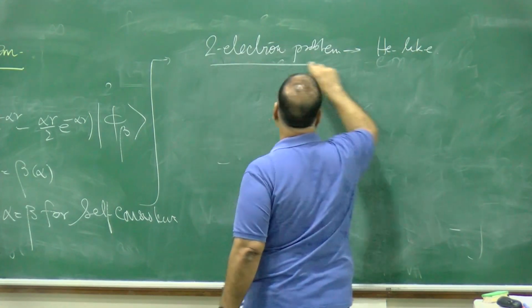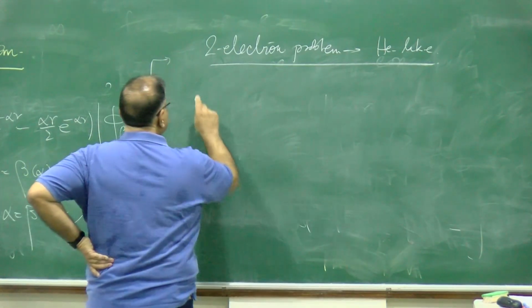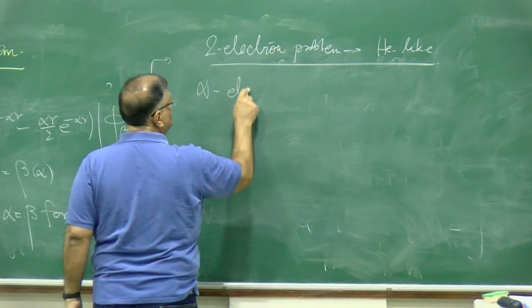That's the simplest 2-electron problem, and the simplest many-body problem. The other extreme is the infinite electron problem.